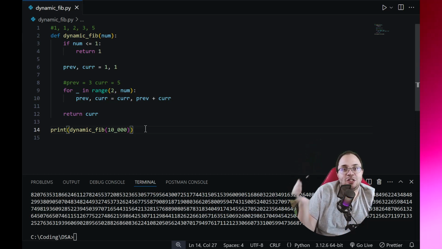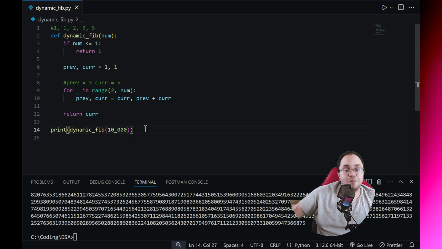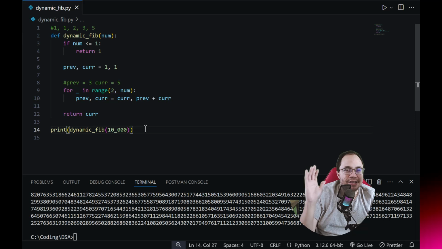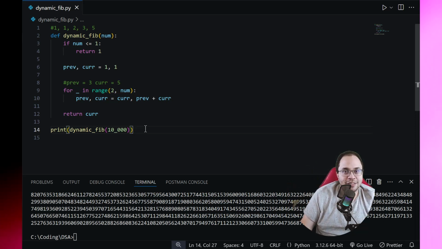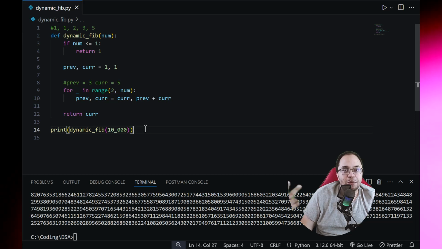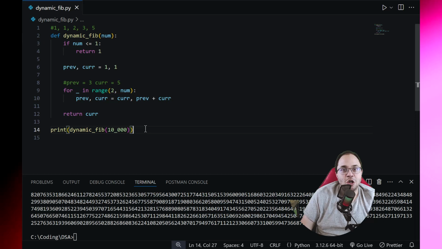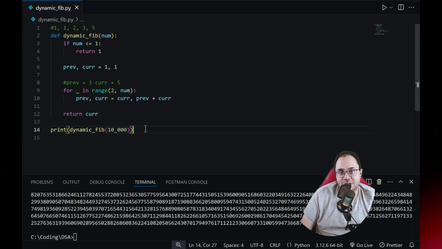Whereas recursion was: what do I want to know, and break it down into smaller problems till we reach the simplest problem, and then it will bubble back up. Those are the two conceptual ways to think of recursion versus dynamic programming. And as we do more data structures and algorithms, you'll start to get a better appreciation. But hopefully, if you're new to dynamic programming and to data structures and algorithms, this was a gentle and easy to understand introduction to what you're going to be learning much more of.